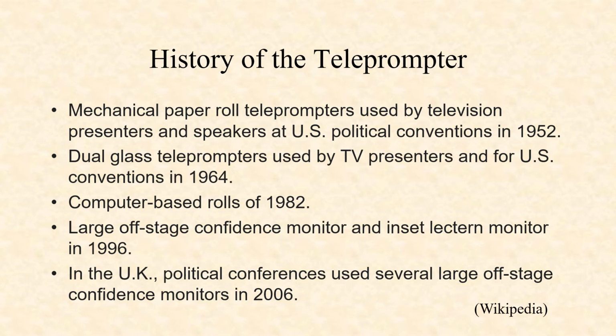As TVs and television technology increased, then we found that TVs got larger, and again, a lot of times for political conventions, for political purposes, there were offstage confidence monitors, large TVs, and also small monitors that would be inset within a lectern or a podium in the 1990s.